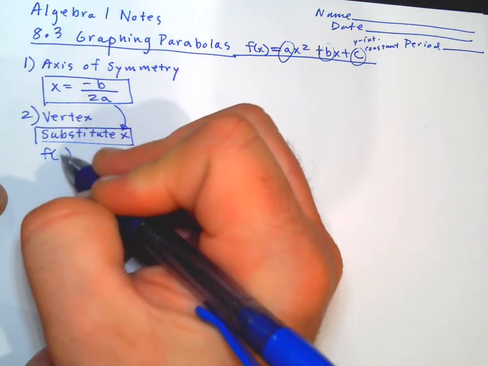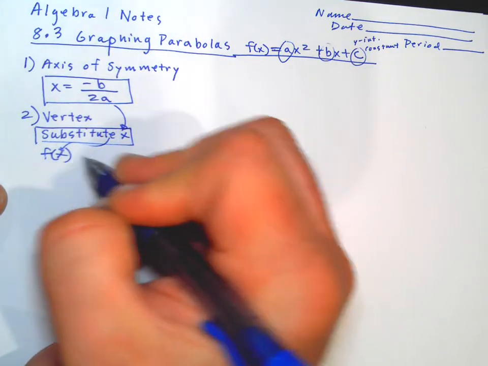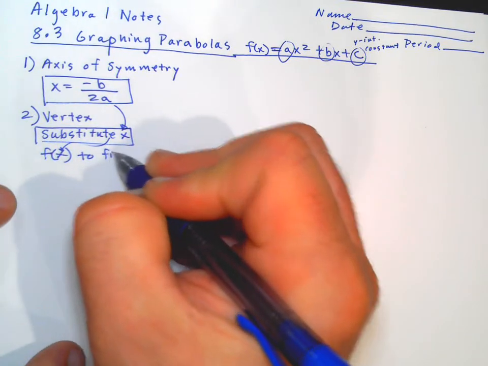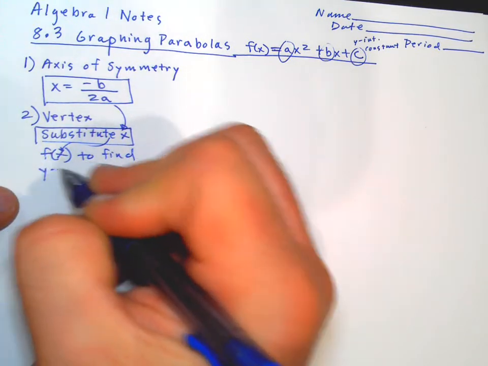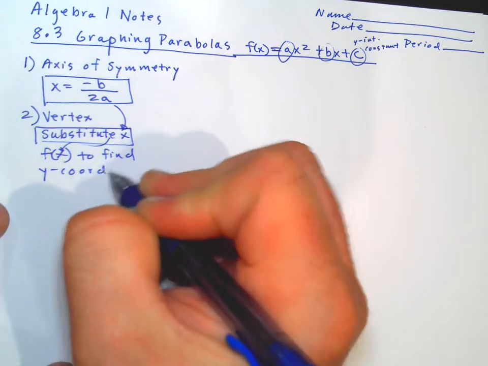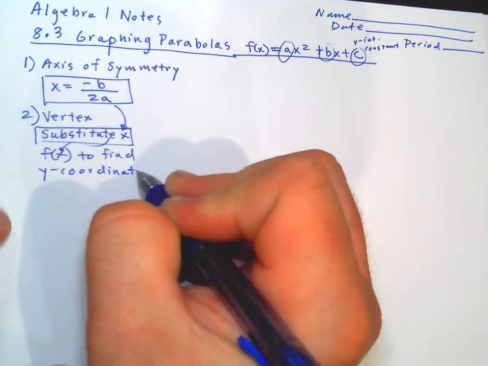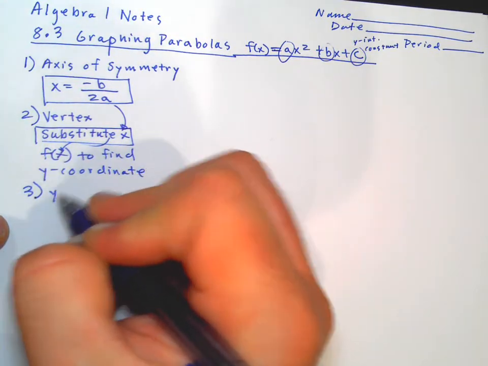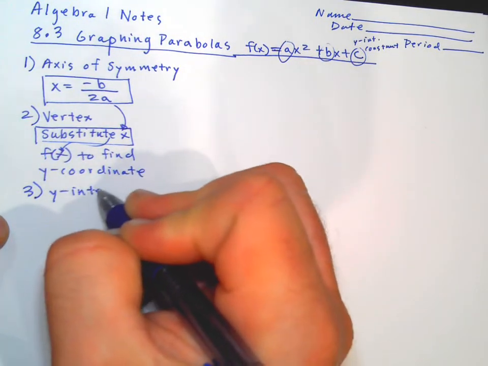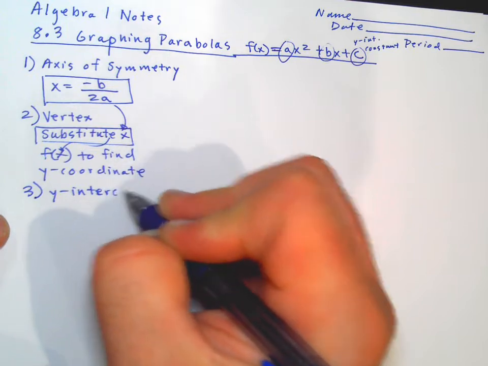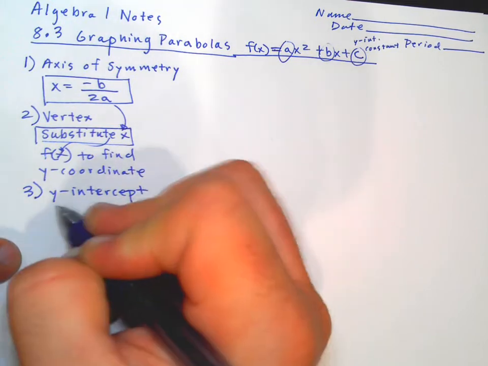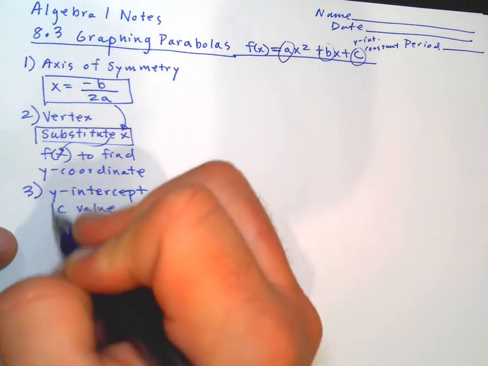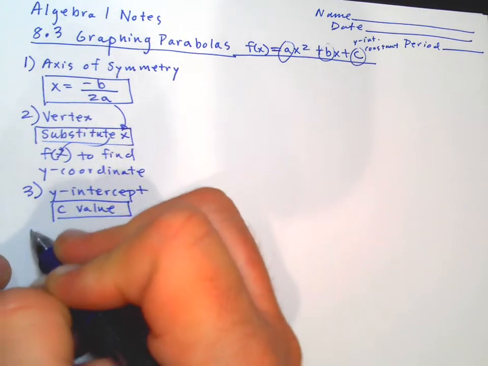So we're going to plug it in there to get the y value, so find the y coordinate. Number 3, we are going to find the y-intercept, which should be pretty easy because it's just whatever the c value is. So no work for that.